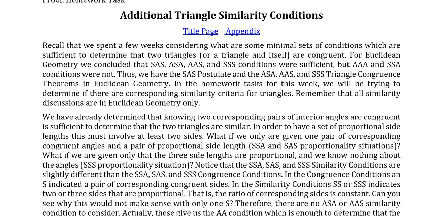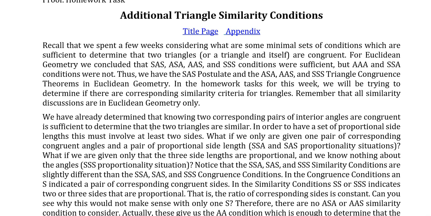So the question that I want to talk about in this video is setting up something that we're going to be looking at for a couple of videos now. Recall that we spent a few weeks considering what are some minimal set of conditions which are sufficient to determine that two triangles, or a triangle with itself, are congruent.